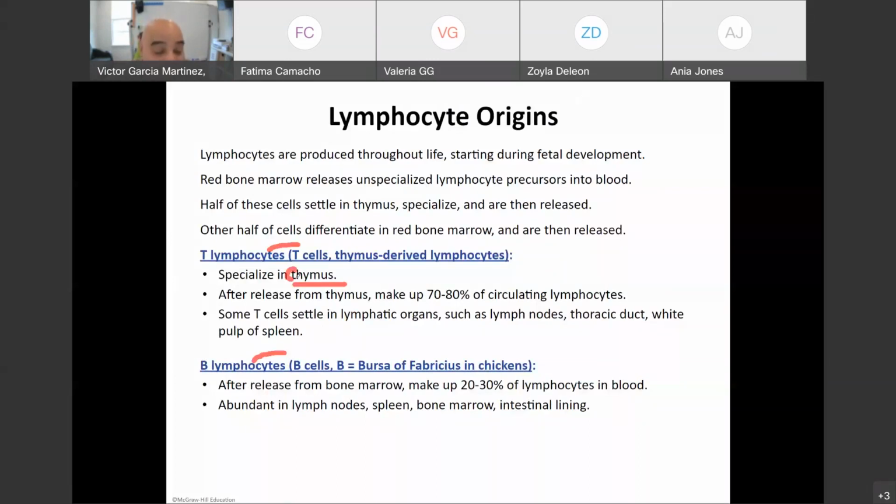This is the reason they are called B lymphocytes, because of the bone marrow and bursa of Fabricius. And T cells are called T because of thymus. Always you're going to have questions about this. T cells are responsible for cellular immunity, and B cells are responsible for humoral immunity.